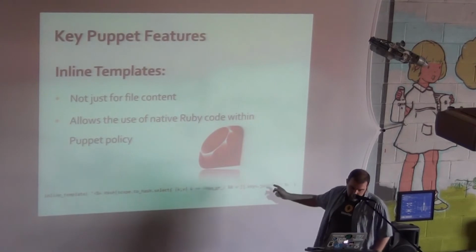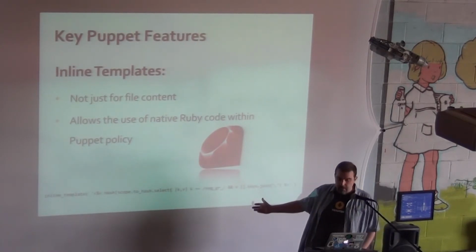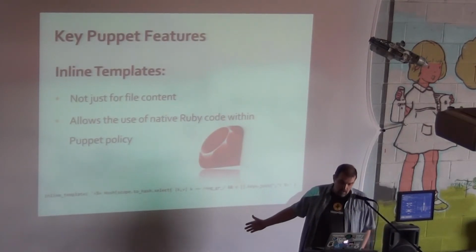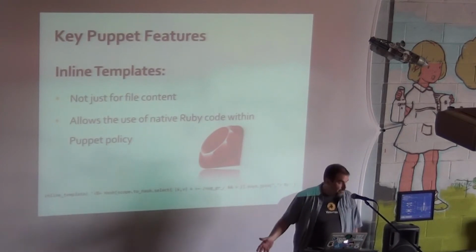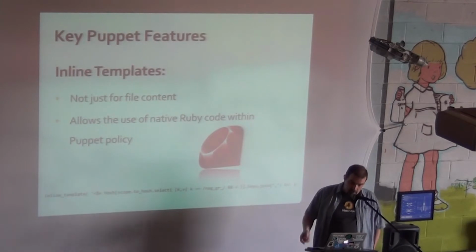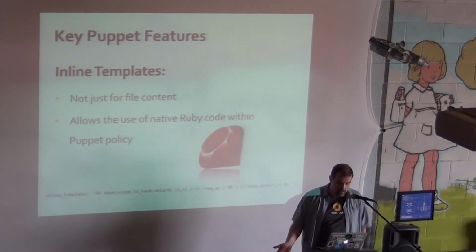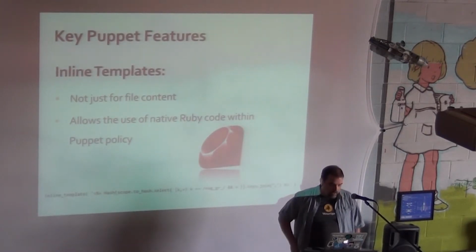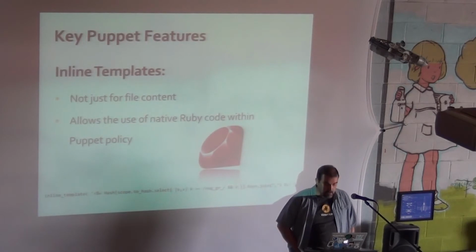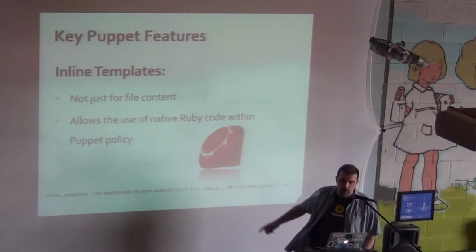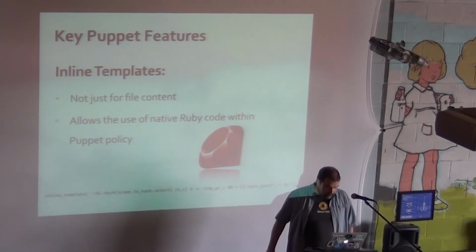What I'm doing here is building an array of the defined variables that match a regular expression. That's a function that, at least as far as I know, isn't available in native Puppet code. But since inline templates use the Ruby ERB format, just like regular templates in Puppet, an inline template is kind of a sneaky way of calling native Ruby functions within your Puppet policy, and that can be useful for this kind of string and array handling.